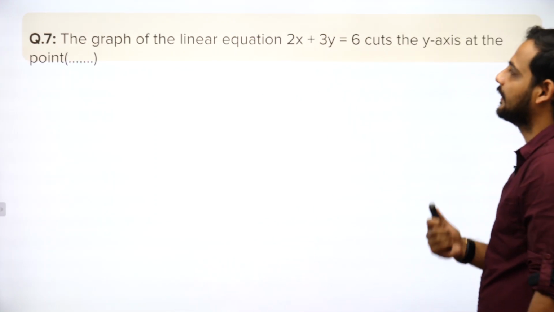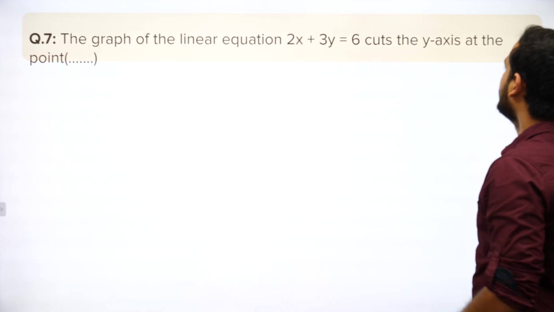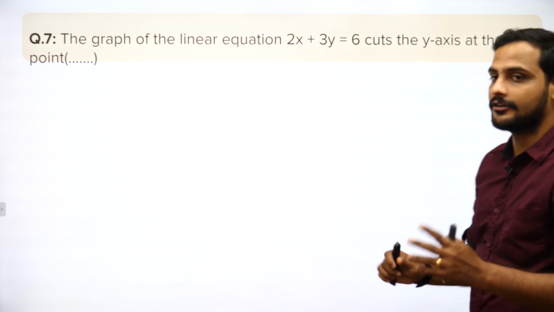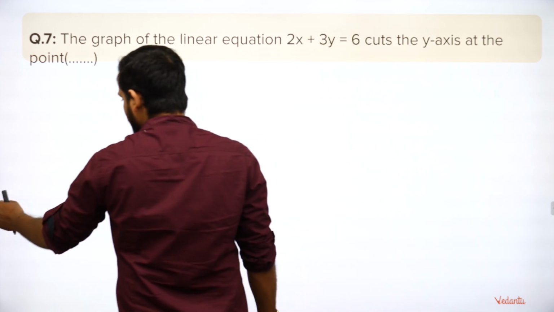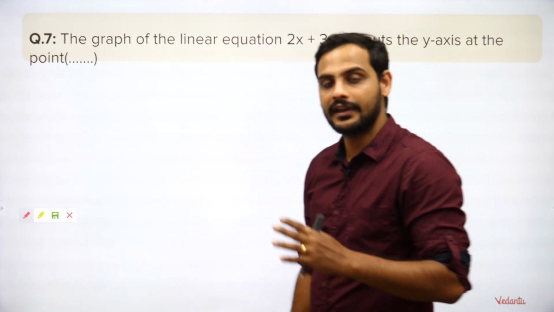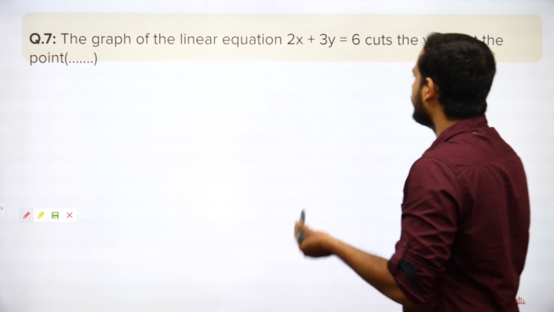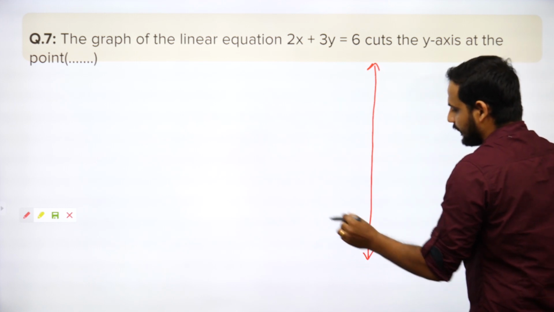The next question is: the graph of the linear equation 2x + 3y = 6 cuts the y-axis at what point? It's a very important question. One way is to solve this equation, plot it on a graph and then find the solution.